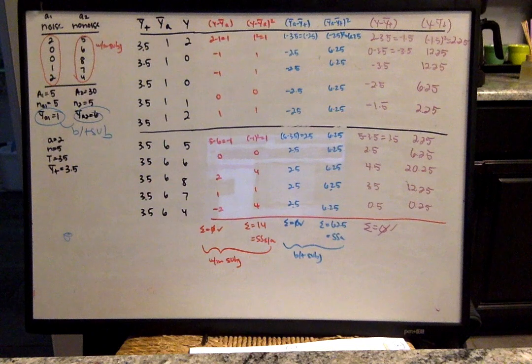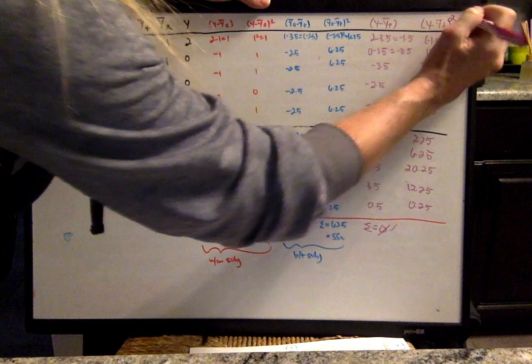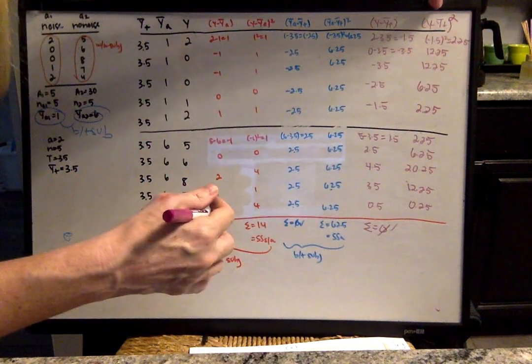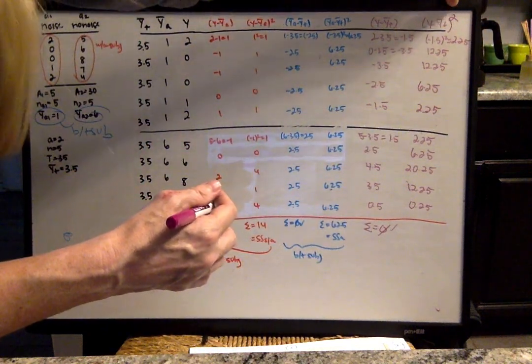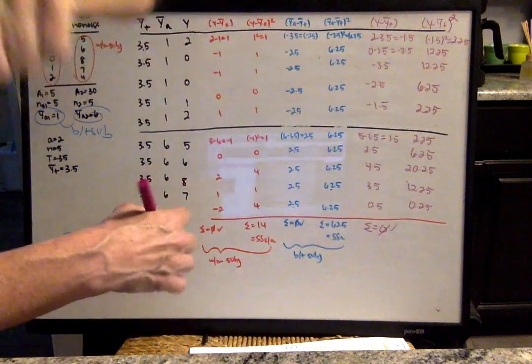I know that was fast. Feel free to pause this and do the calculations yourself just to make sure your numbers look the same as mine. This column is the y minus the y bar t, squared. Once you square all these, you're going to add them all up.